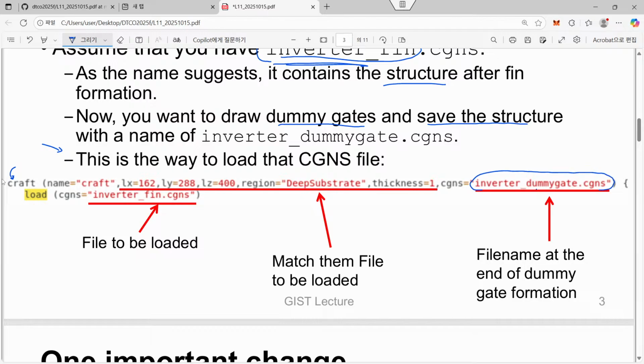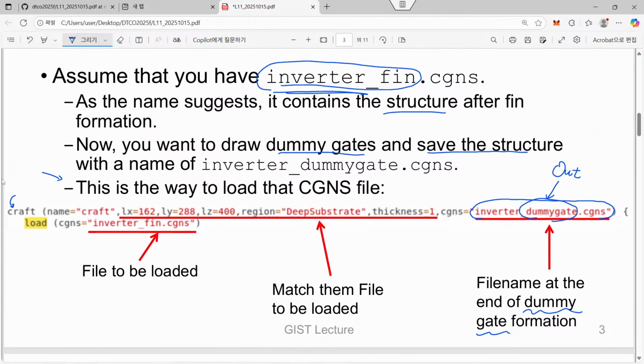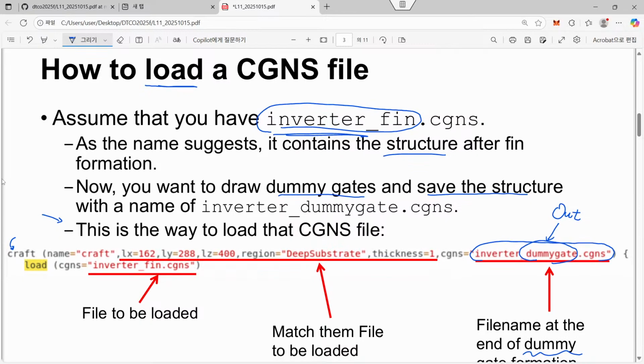This _dummy_gate means that this should be your output, not the file to be loaded, and this is to be saved. So this is the file name at the end of dummy gate formation. Then where can you find the name of your initial structure to be loaded?